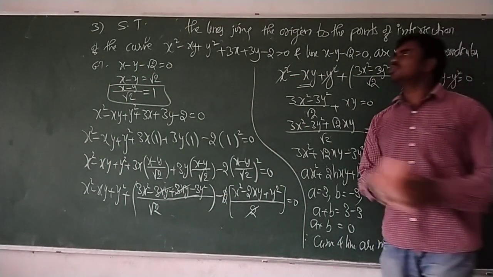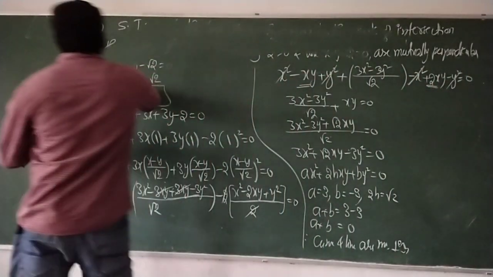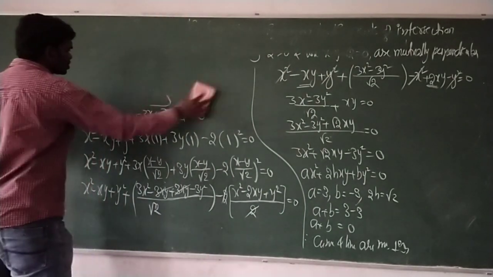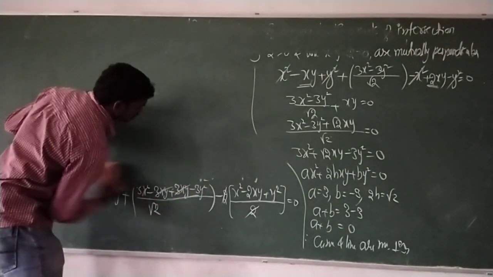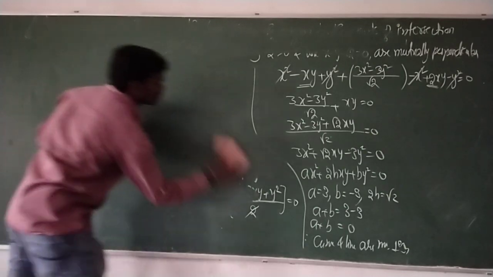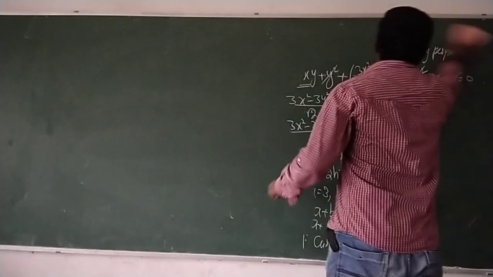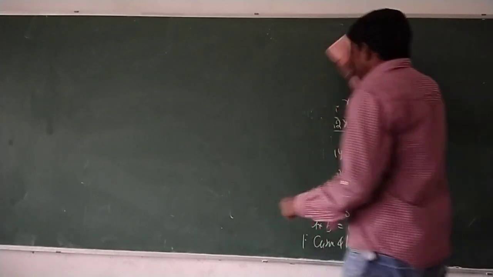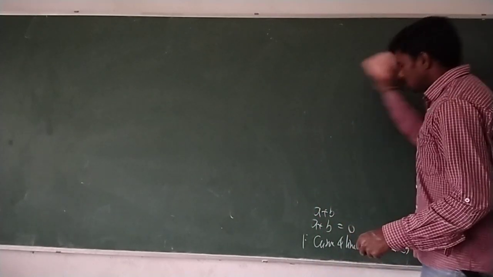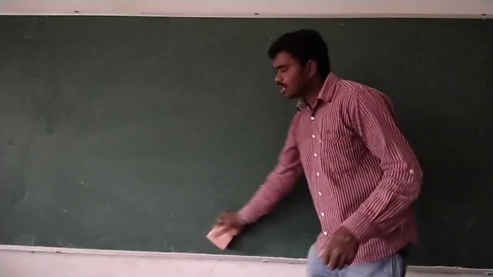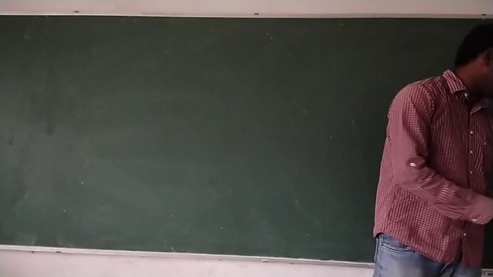So the very most important one is the fourth one. Among these 4 questions, the fourth one is the compulsory question. This is also important, but among all 4 problems, the fourth problem will be the very most important question.